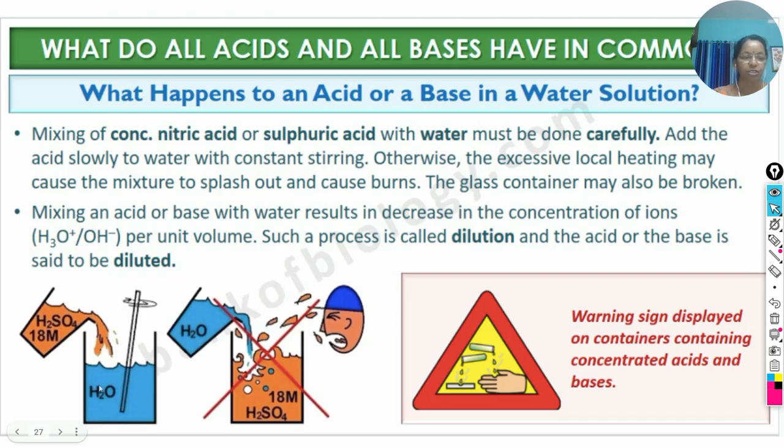See, this is the correct method of diluting an acid. What you have to do is take water in a container, then add concentrated sulfuric acid dropwise with constant stirring. Or else, if you do vice versa, water to acid, since it is highly exothermic, the water changes into vapors and splashes out along with the concentrated acid, causing casualty.